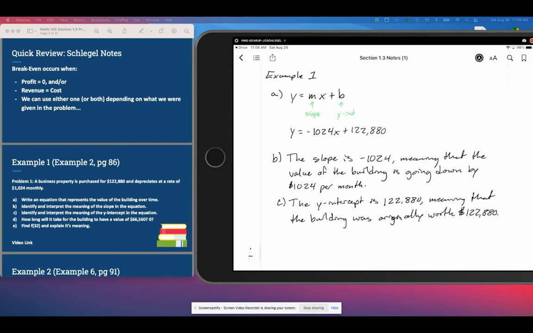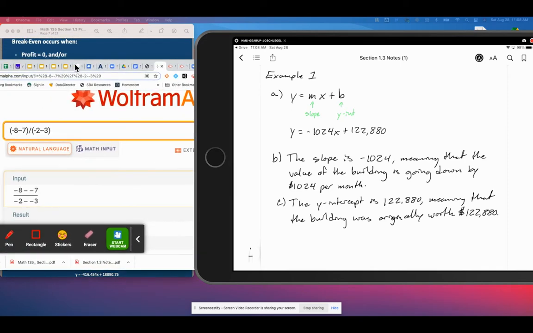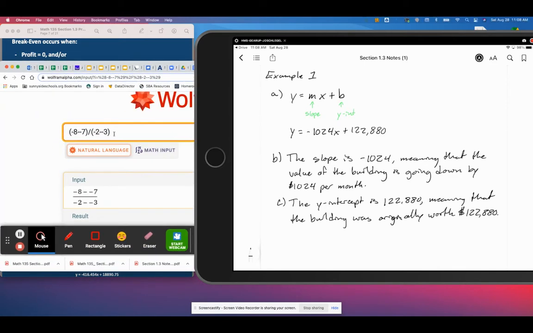And so on to the next question. We have sort of a 2-in-1 for part D. How long will it take the building to have a value of $66,560? We're going to use our pal Wolfram to help us figure that out. And then the second part of that is how long will it take it to have a value of 0? So right here, we're going to slap our equation in there. Our equation is y equals negative 1,024x plus 122,880.